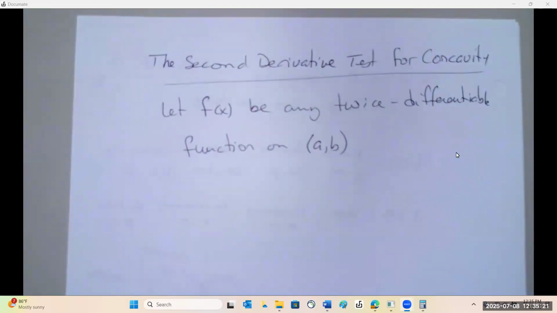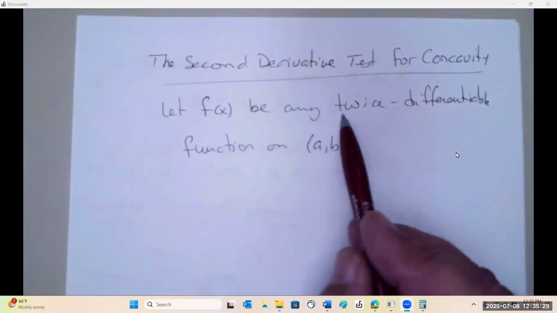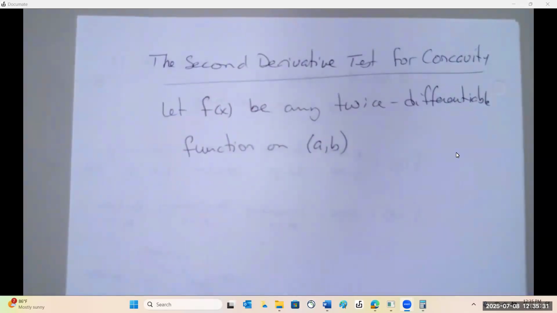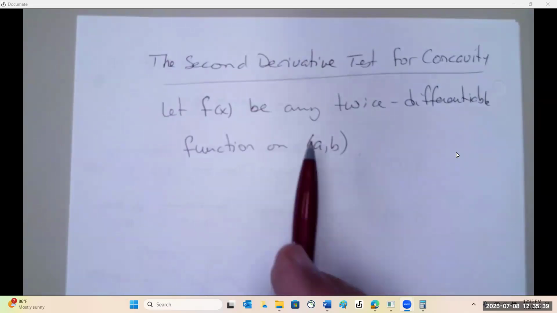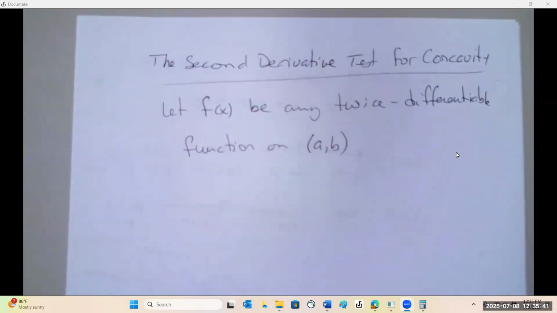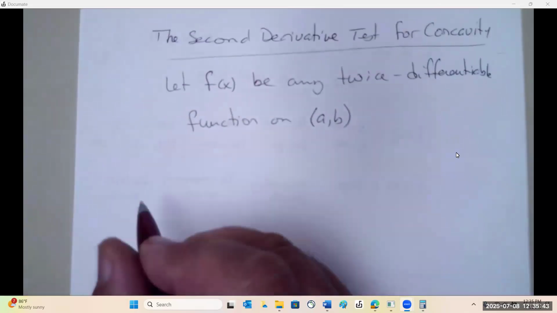We've never heard that restriction before. Let f of x be any twice differentiable function, which means it has to have a second derivative, on the interval AB.